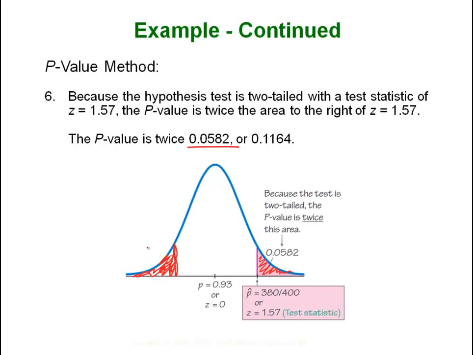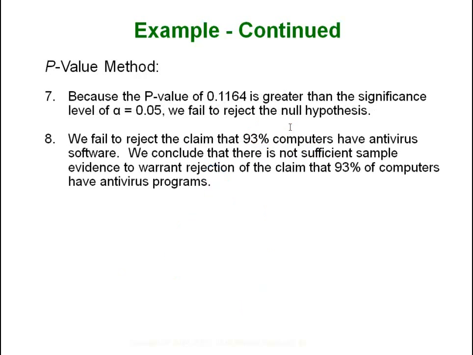And so we have another tail over here with the same area, so we just double that and get the actual p-value of 0.1164. Well, because the p-value we got is bigger than our alpha level of 0.05, we have to fail to reject the null hypothesis.